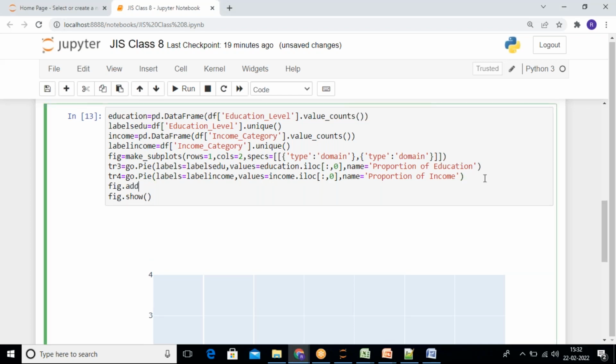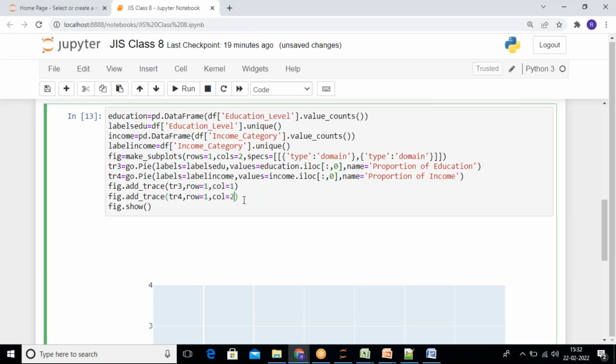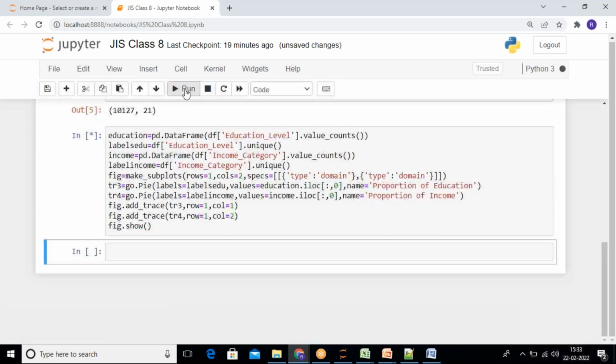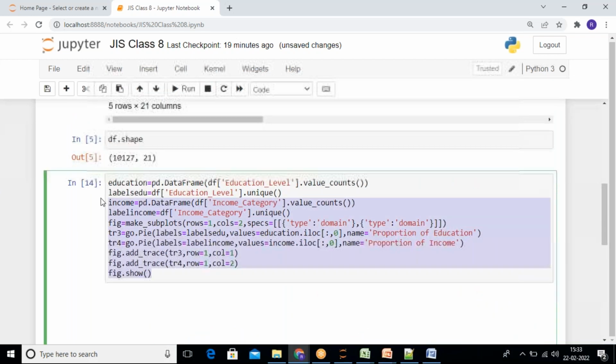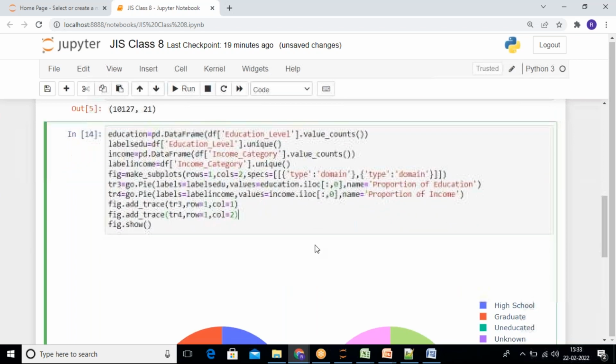Fig dot add trace, fig tr3. I will just paste it over here, and similarly I will copy paste that, and I will make this column. No, I will make it as column 2 itself. Now let's see. This we are getting. See, so this is basically the thing. Okay, perfect.